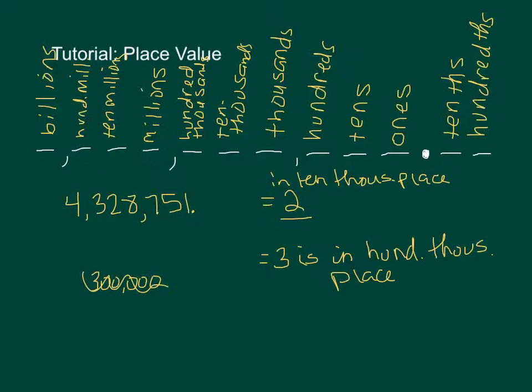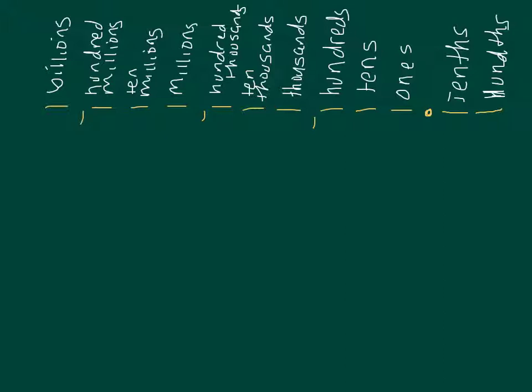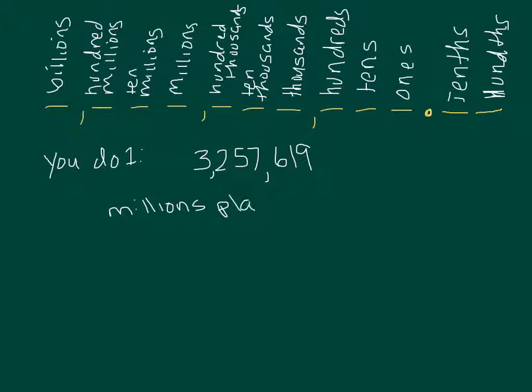Okay, now it's your turn for the you do. There's going to be 2 of them. So you do number 1. Now on your paper it asks you, in the number 3,257,619, which number is in the millions place? So you would go ahead and see if you can find which number is in the millions place and record your answer.